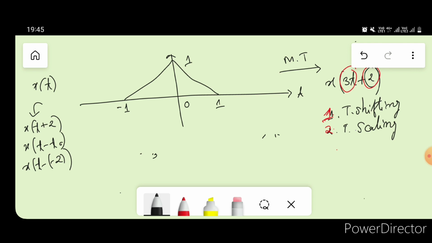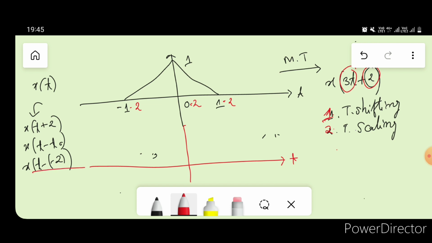So we shift minus 1 to minus 1 minus 2, which is minus 3, 0 to 0 minus 2, which is minus 2, and 1 to 1 minus 2, which is minus 1.